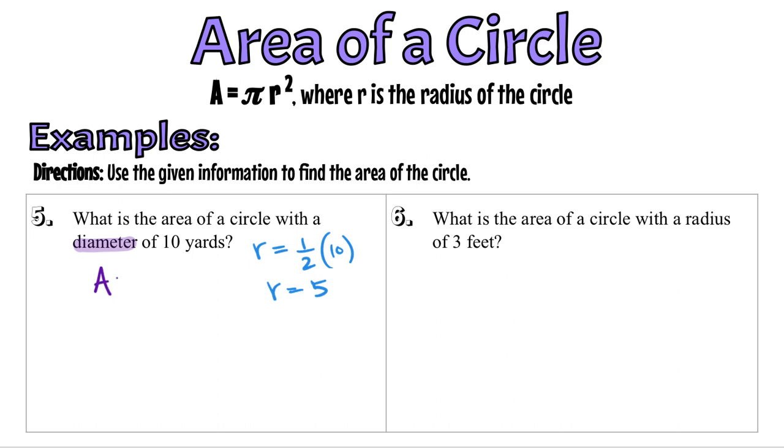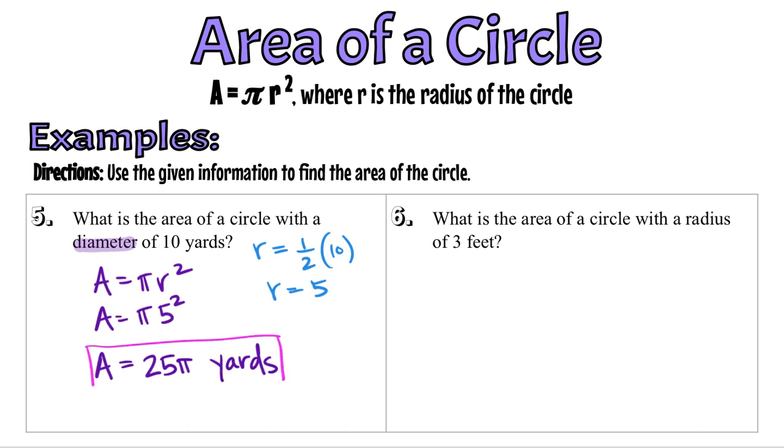So the area of our circle equals pi r squared. So we're going to plug in our radius of 5, so pi times 5 squared. Let's simplify that, and also let's write our 25 as a coefficient on pi. So 25 pi. 5 squared is 25, we're multiplying it by pi, and then we need to add in our units. Our units were yards. So this area of this circle is 25 pi yards.